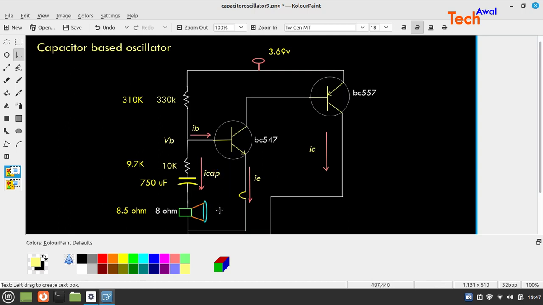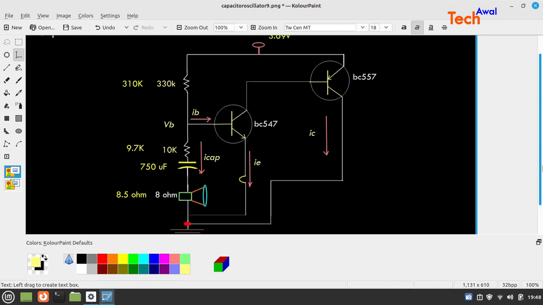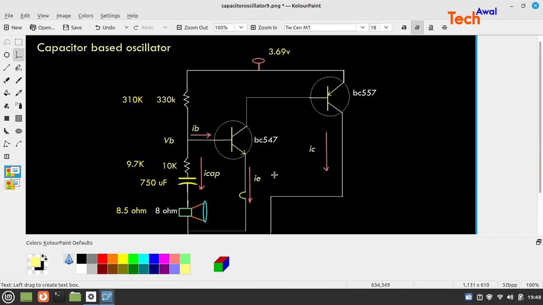So these things we will measure, and then we'll see whether what we have seen in the theory part actually corroborates. So that is the idea.